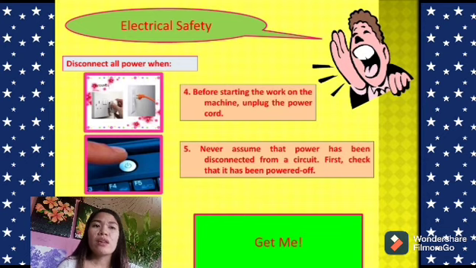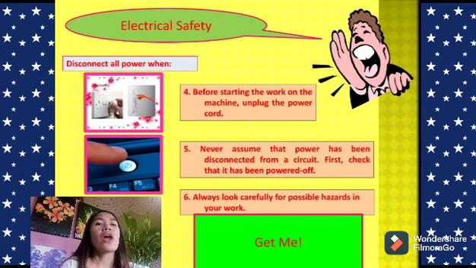First, check that it has been powered off. So be vigilant in switching your equipment on or off, because too much assuming can cause accidents. Thus, you must double check everything.